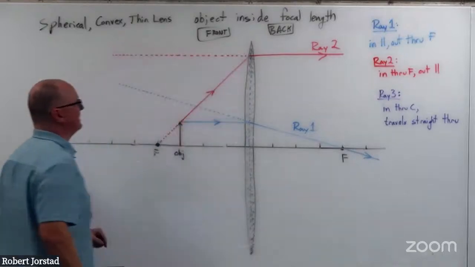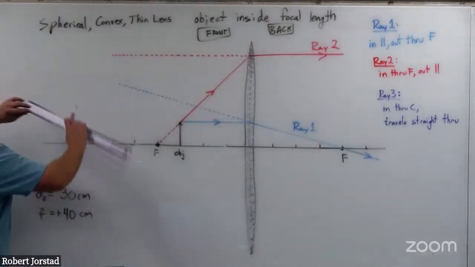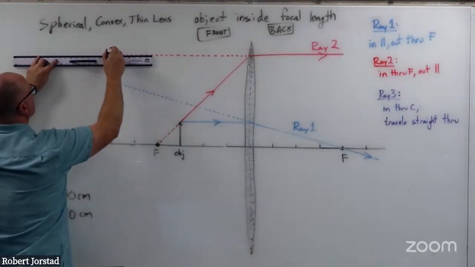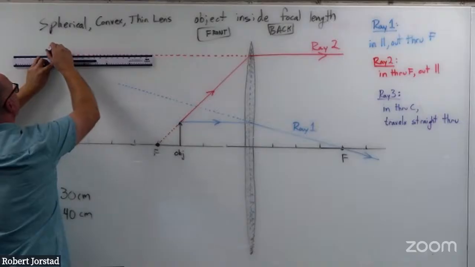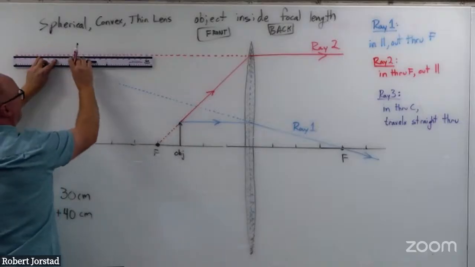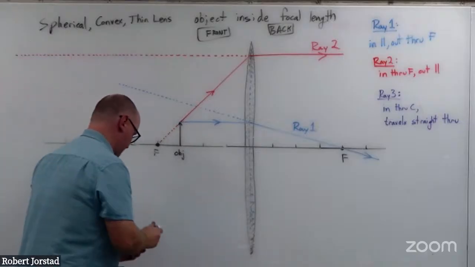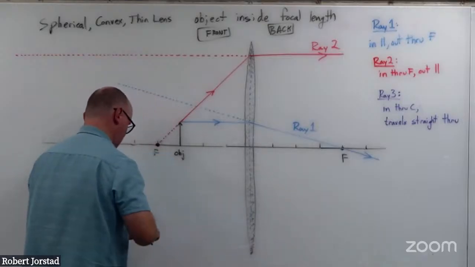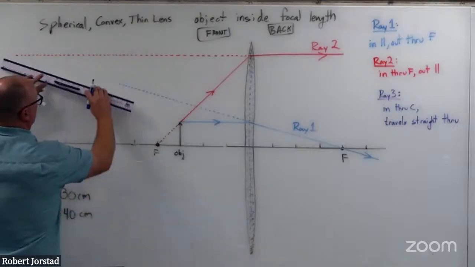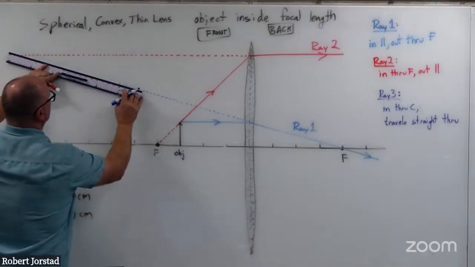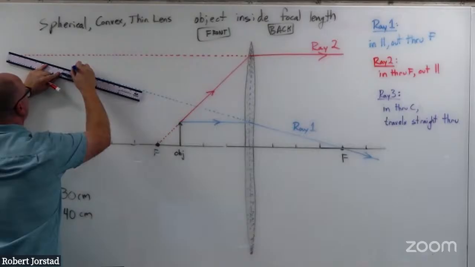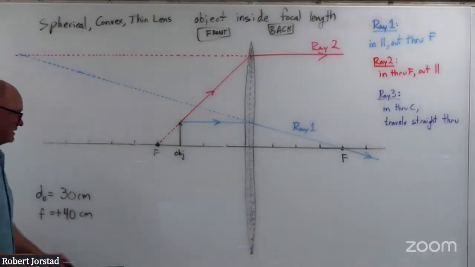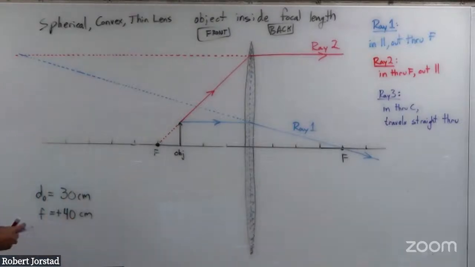Ooh, they're not going to meet up unless I keep going. It's not going to be the last time you have something like that happen. Hopefully they'll meet up if I go that far. Just barely. So the image is real or virtual? Think.